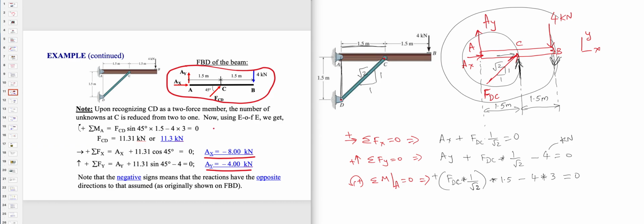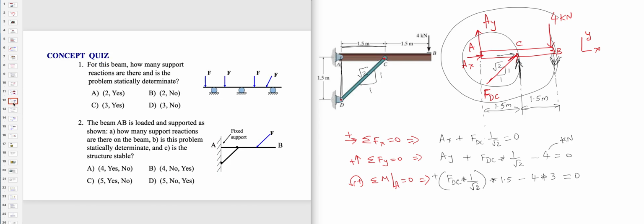That means our assumption is opposite. We should have assumed opposite, but this is how we made an assumption. Anyways, when you get a negative answer, just leave it as a negative answer. And that's it. This is how we solve the problems.